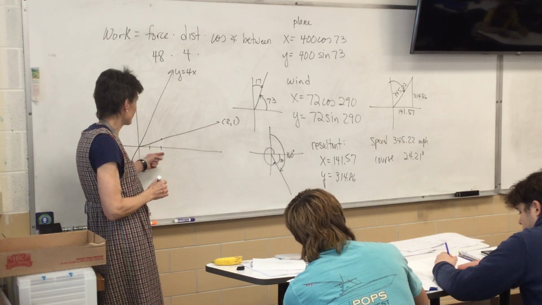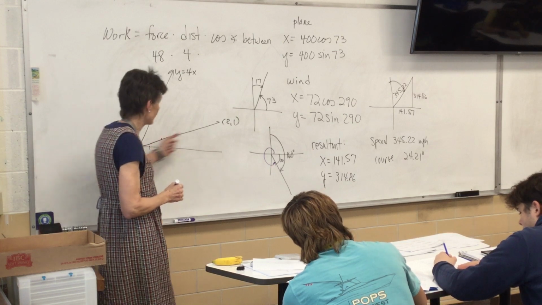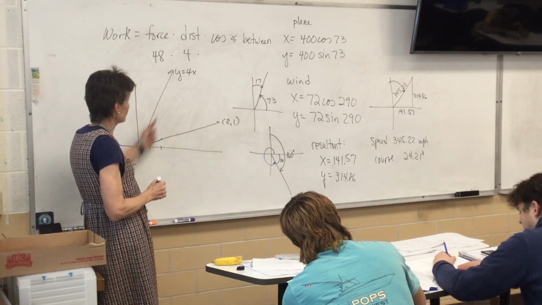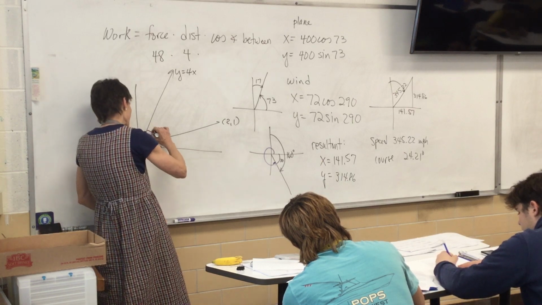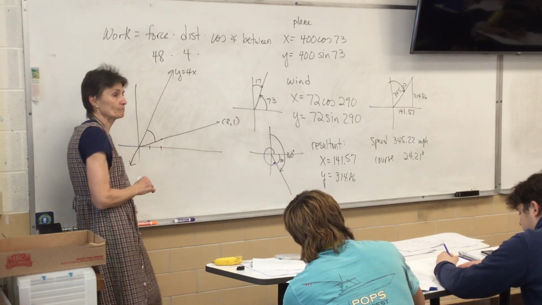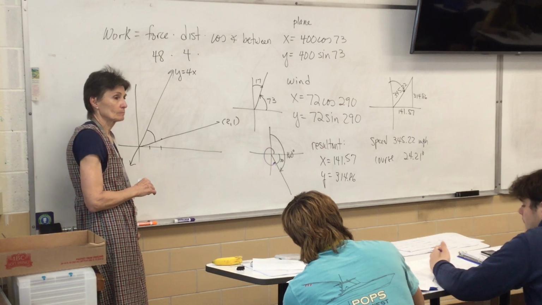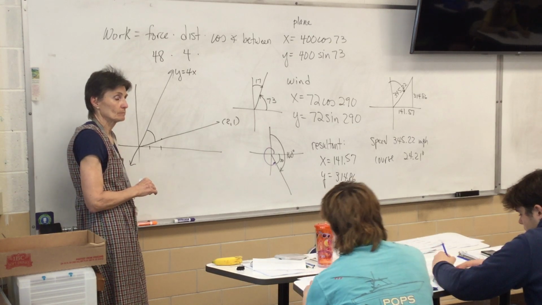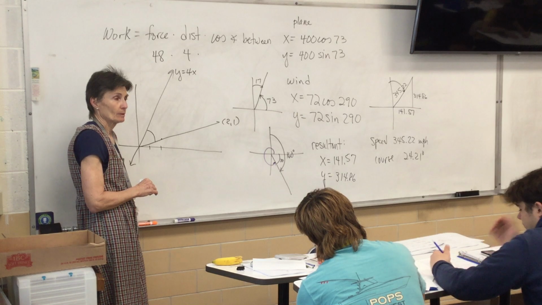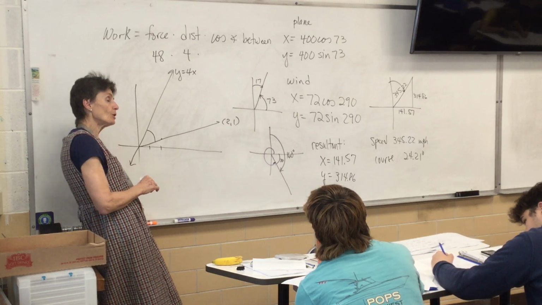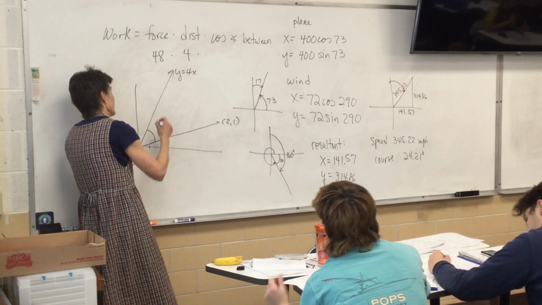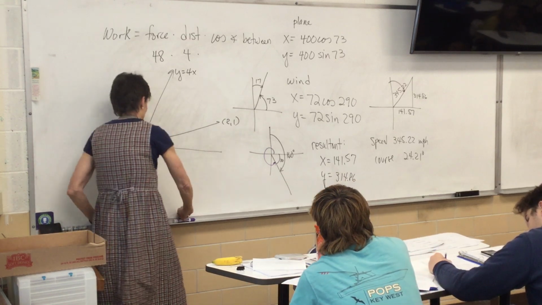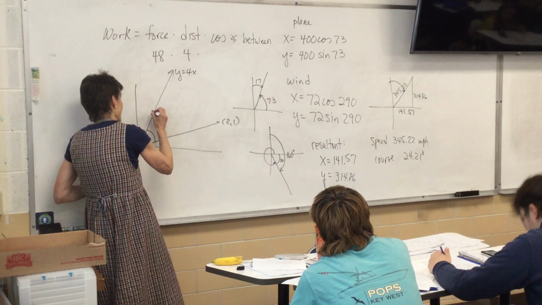The direction is over 2, up 1. So that's here. The line is y equals 4x, that's there. And this would be the angle in between them, right? Could we find this angle?